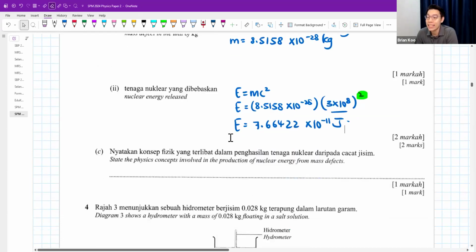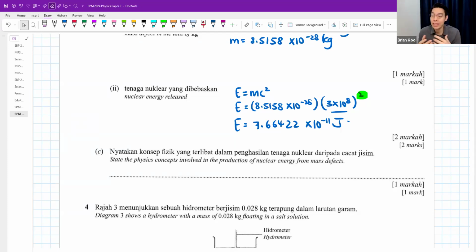Yeah, can. And then state the physics concept involved in the production of nuclear energy from mass defect. Actually, this is out of your syllabus. There isn't a name or physics concept in your textbook, but to convert mass from mass defect to energy is a concept that Albert Einstein found out. Okay, he found out that mass and energy are directly proportional.